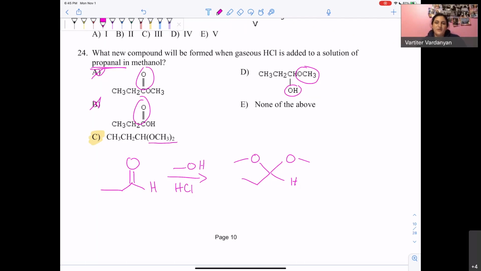If you have the time, maybe draw a little bit of it out just to make sure you're on the right track. But if you get to a point where you can read that and see in your head what it should look like, like it should be two OR groups and this many carbons, that's fine.